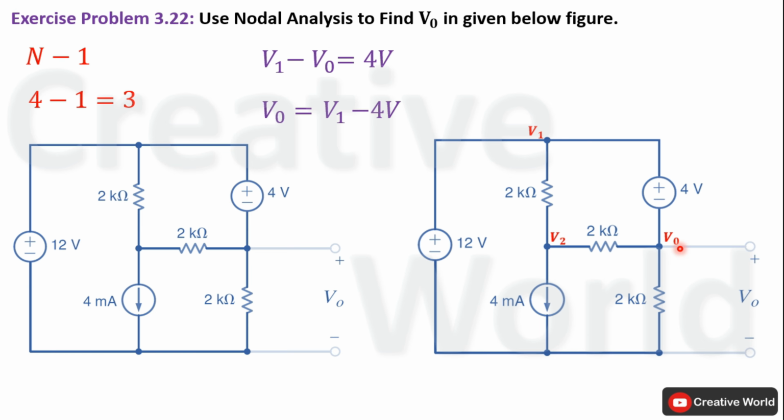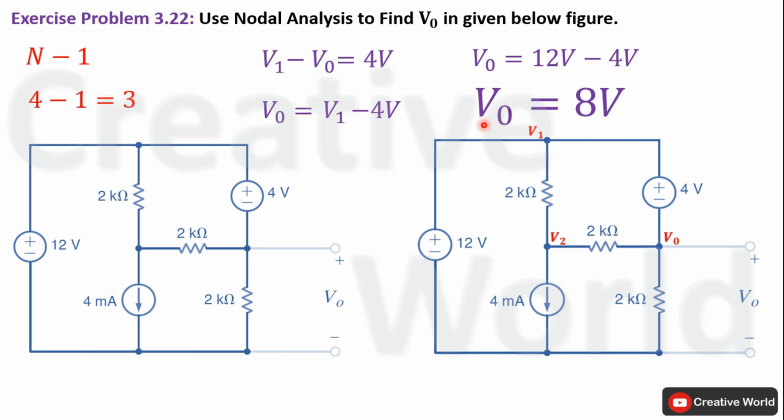Value of V0 after merging 4 volt to it will be equal to V1 minus 4 volt. We know the value of V1 as we discussed earlier. V1 is equal to 12 volt. So we have to replace V1 with its value. Subtract 4 volt from 12 volt, so V0 will be equal to 8 volt.